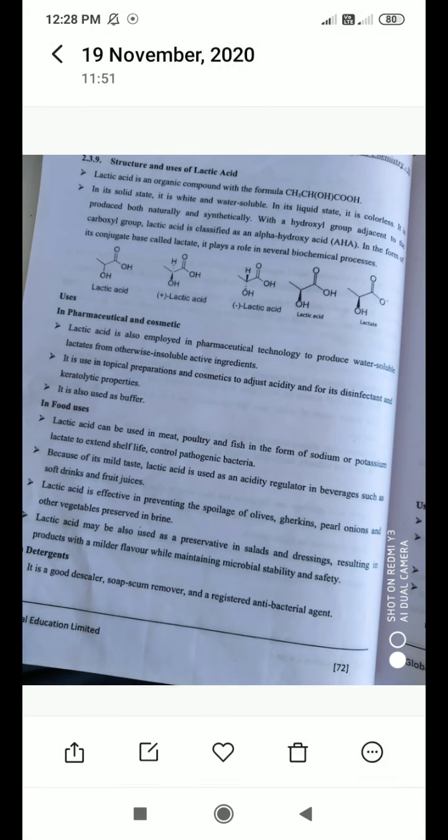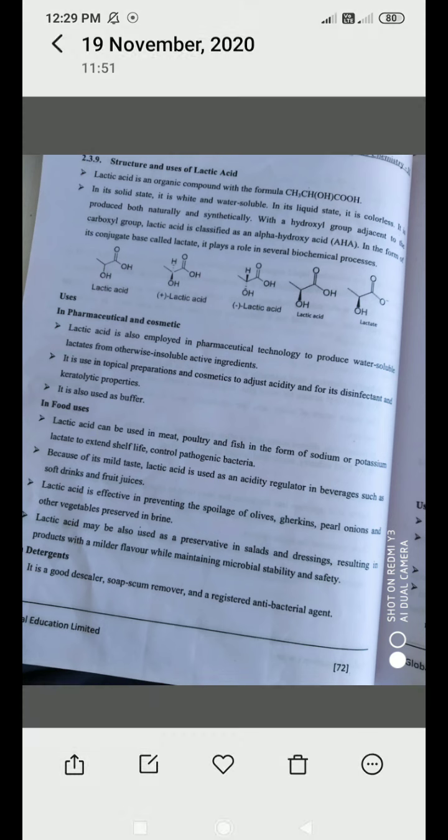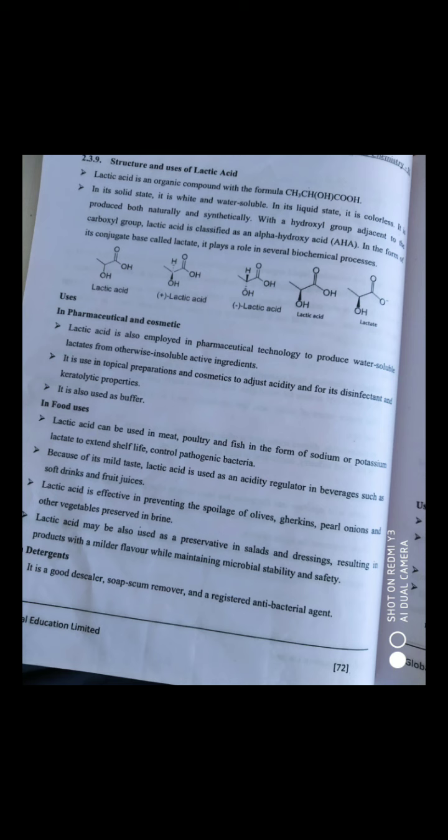Then it also has disinfectant properties. I told you in a number of lectures what an antiseptic is and what a disinfectant is.